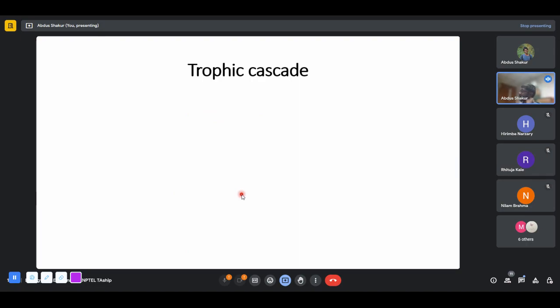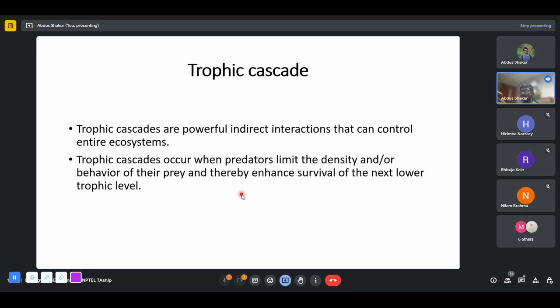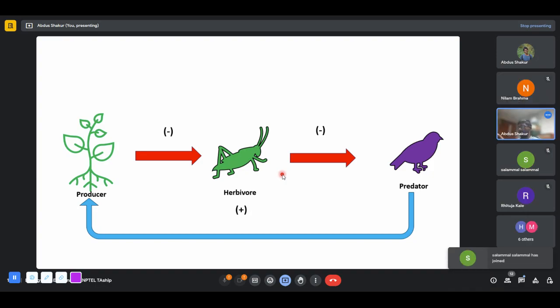But another interesting thing that happens with trophic levels is this concept of trophic cascade. These are powerful indirect interactions that can control entire ecosystems. So, for instance, look at a simple food chain where there is an herbivore grazing on a producer, and then there is a bird that is eating the herbivore.